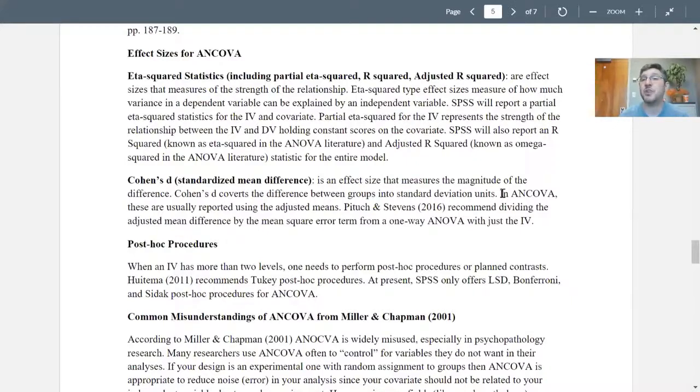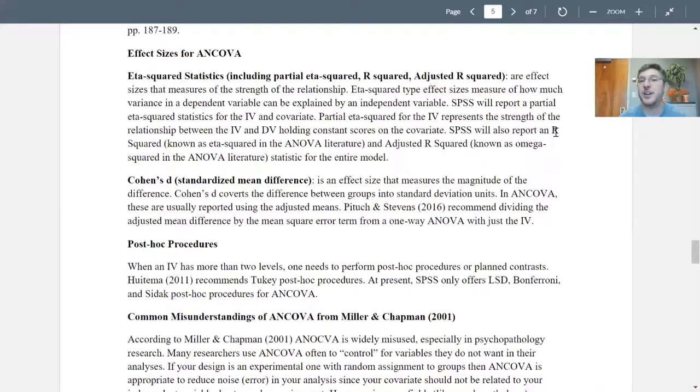SPSS will also report what they call R squared in the table, and an adjusted R squared. And so these would be variance explained effect sizes for the entire model. So say the adjusted R squared value was 0.43. That would say that around 43% of the variance in the outcome can be explained by both the independent variable and the covariate.